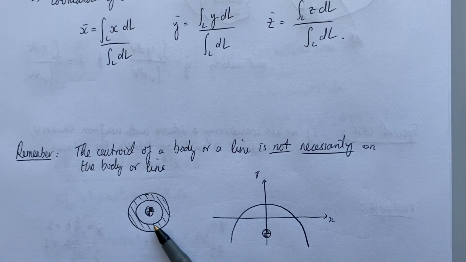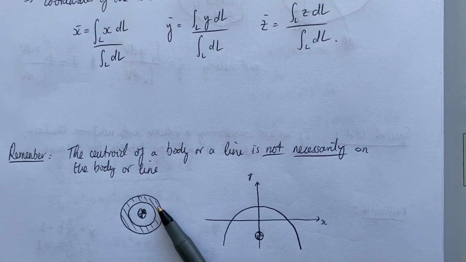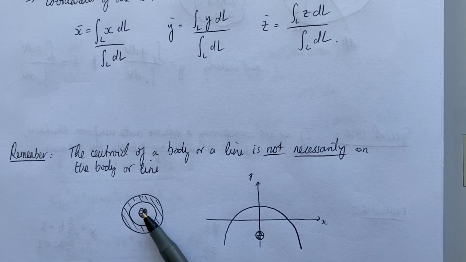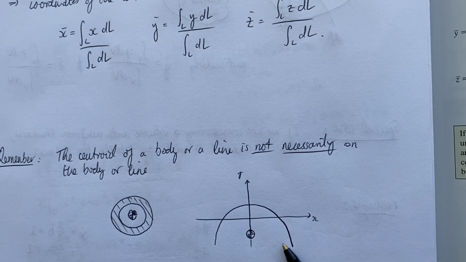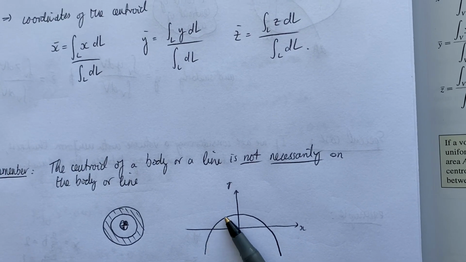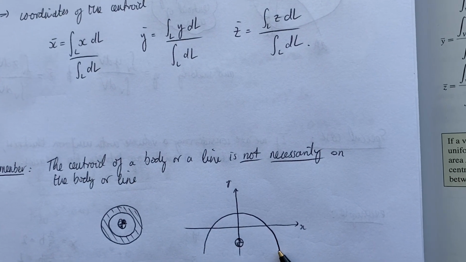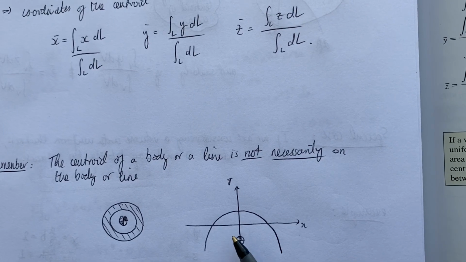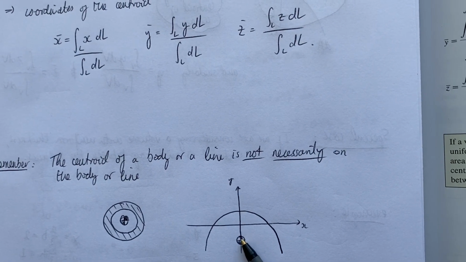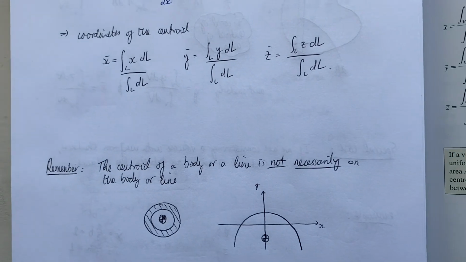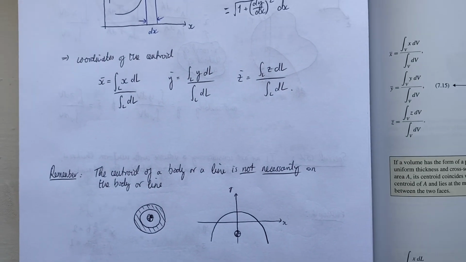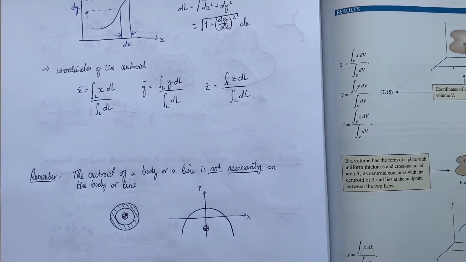The centroid of that area is not going to be on the area itself, it's going to be in the middle. And the same can be said for something like this kind of line. The centroid of that line is going to be off the line, somewhere down here. So that's just a couple of things to remember when trying to find these centroids.